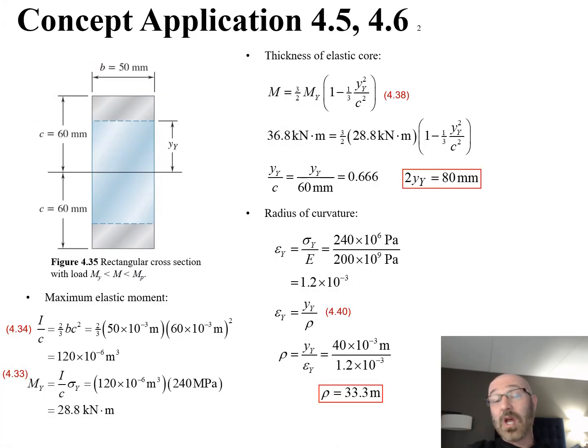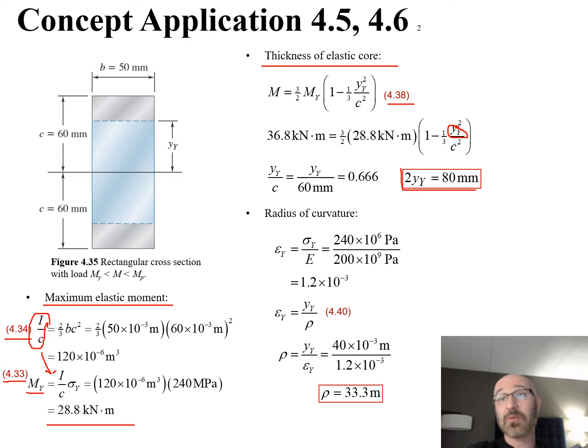So now, just as a summary to my hand solution here, I have a typed out solution as well, starting here when we went from our maximum elastic moment, used our governing equation 4.34, went from there to equation 4.33 to get our M sub y relationship there, that we plugged this I over C ratio into in order to get a value for M sub y, which we then took to equation 4.38 in our textbook, and we're able to get a value out of this now for our y sub y over c for the thickness of our elastic core.